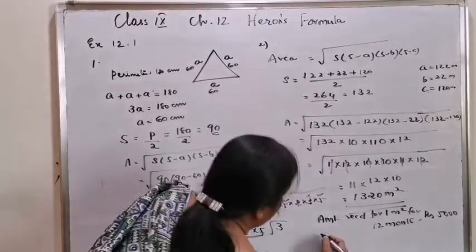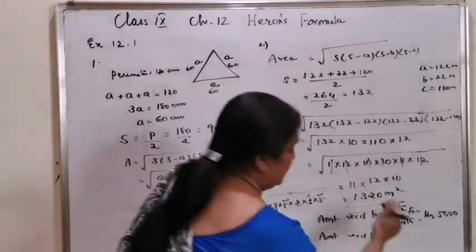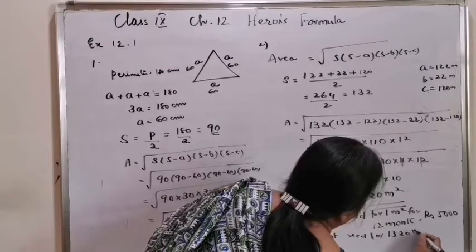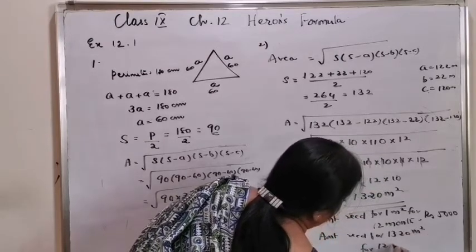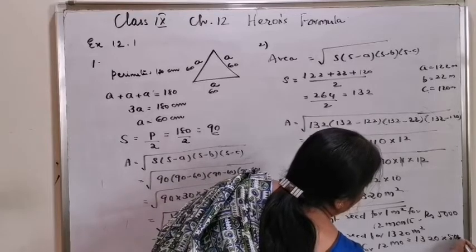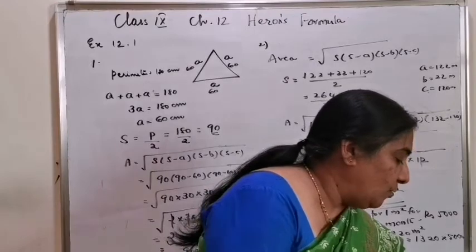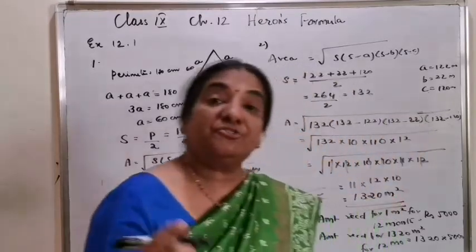Therefore, the amount received for 1,320 meter square for 12 months is 1,320 into 5,000. And here they wanted to know how much you receive for 3 months.